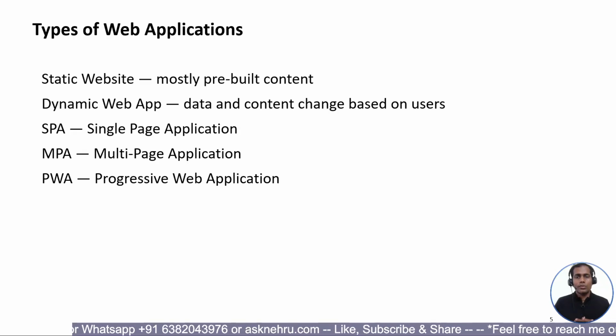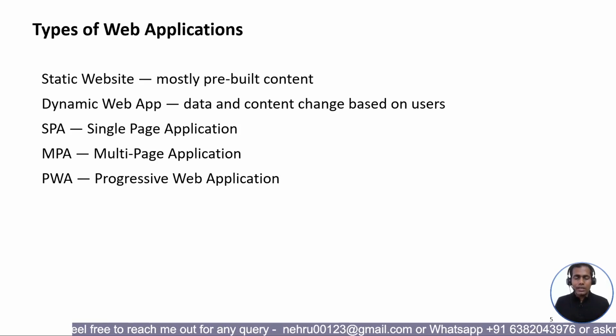Now let's move to multi-page applications, MPA. Traditional websites may load different pages from the server when users navigate. Examples are news websites and traditional server rendered websites. And what is PWA, progressive web applications?